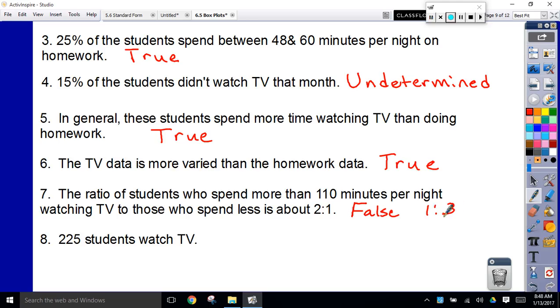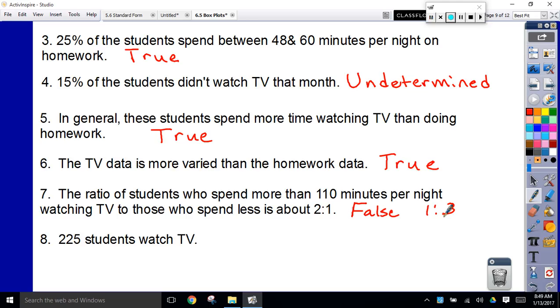Okay, number 8. 225 students watch TV. Zoe, what do you think? Okay, you said false because we don't know. So a better choice than false would be undetermined, yeah.